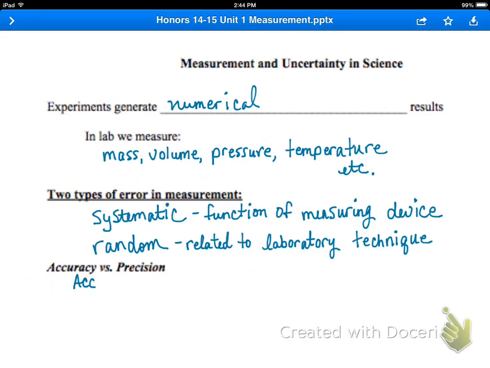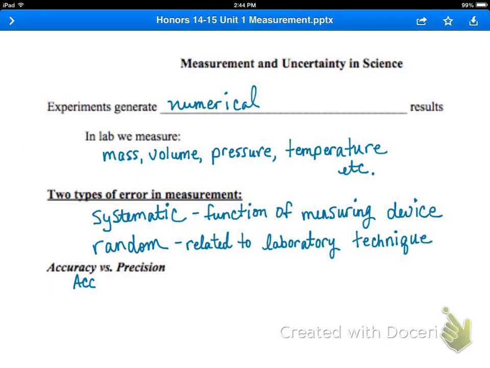We always have some systematic error because we do not have perfect equipment and we don't have perfect eyesight. So we have to make some human observation about where that water line, where that meniscus hits, where it falls relative to those lines.